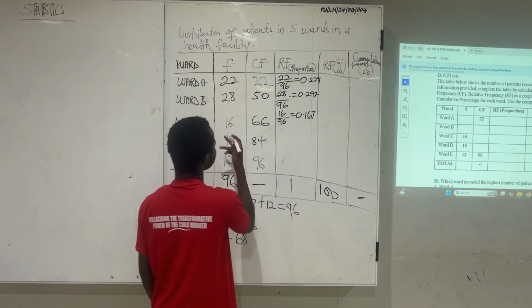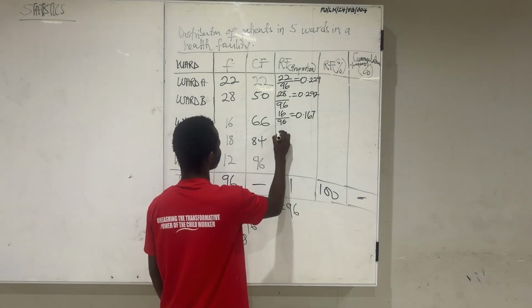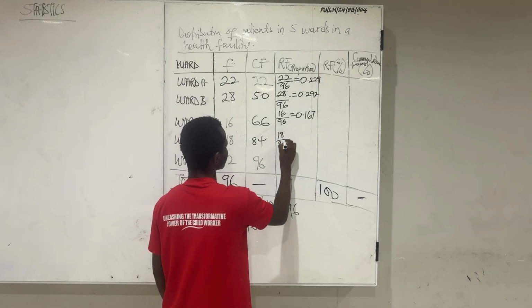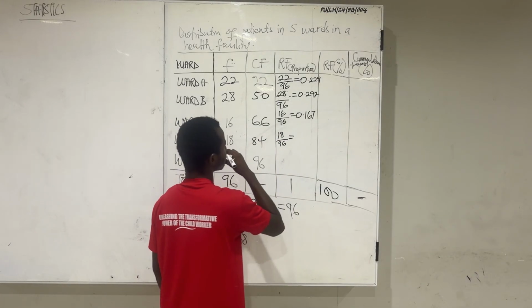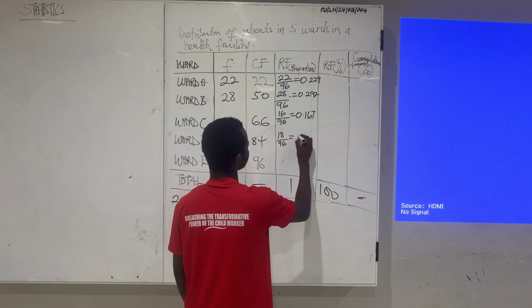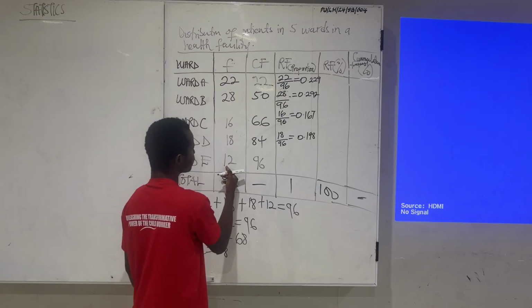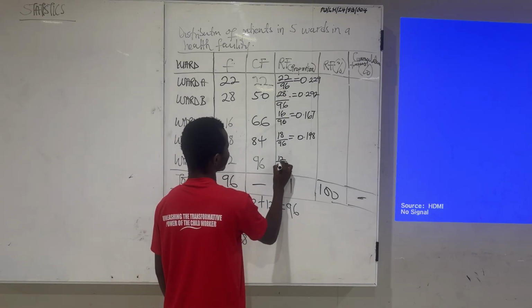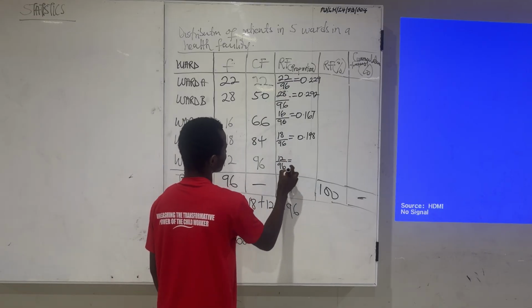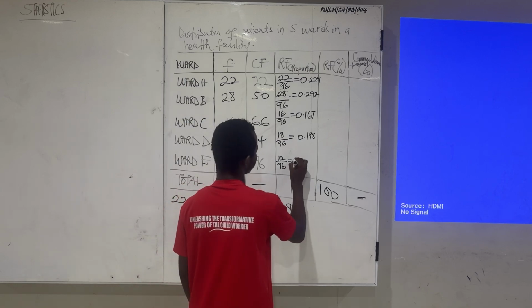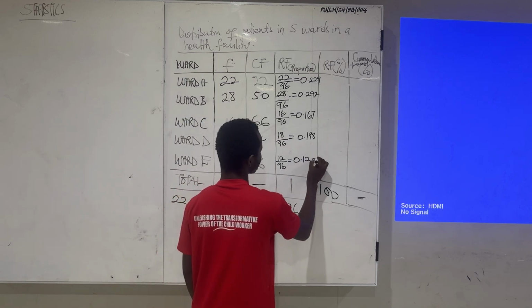0.167. Then 18 divided by 96. 0.198. Then 12 divided by 96. 0.125. All right.